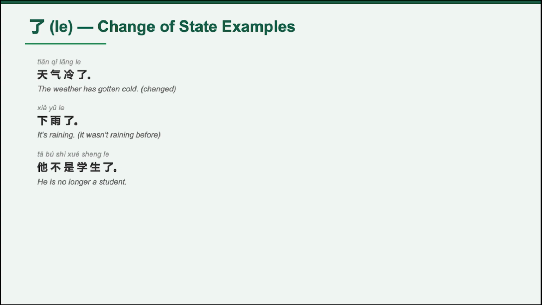Now it is. Again, change of state. Another one. 他不是学生了. He's not a student anymore. Before, he was a student. Now, that changed. So here's the key feeling of le, done or now different.